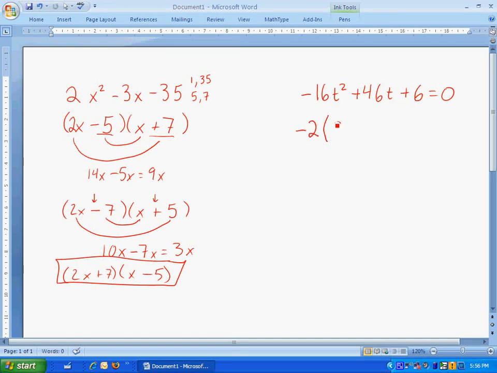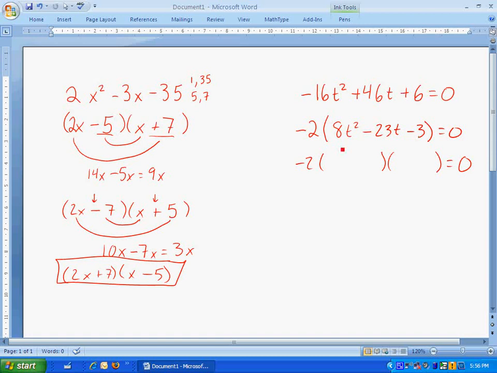When I do that, I will be left with 8t squared minus 23t minus 3 equals 0. So now I'm going to ignore that negative 2 for a while. We'll just let it hang out front, and I'm going to factor this part right here.